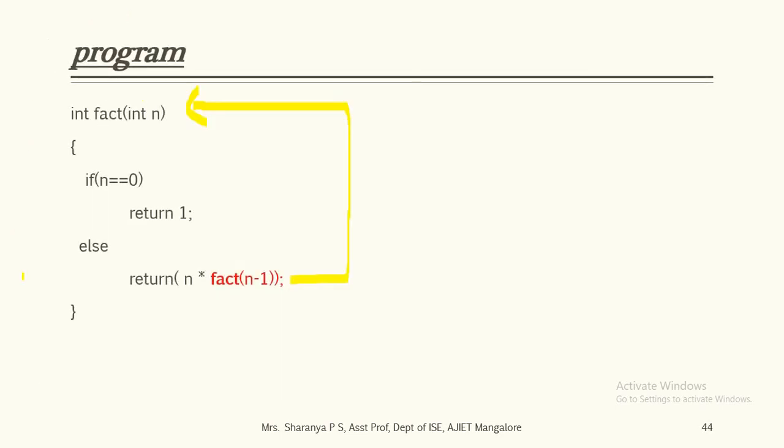With the value 4, the function factorial is called. When it is called, the control will go to the function definition, that is what we have defined here. This is the set of code that we have written inside the function factorial. This is what we call a function definition. So the execution will begin from there.